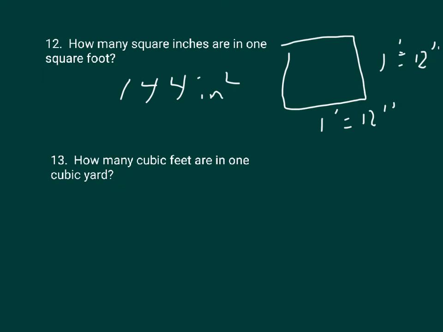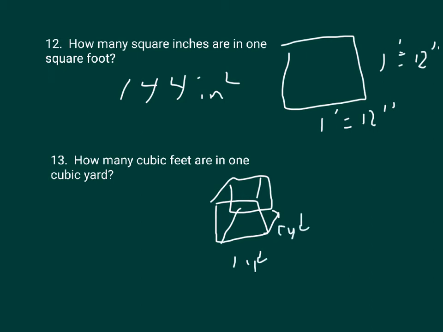How many cubic feet are in a cubic yard? Same thing. You probably know it's not 3. So if we have a cubic yard, you can kind of draw a little diagram that would look sort of like this. 3D shape. Bear with that. I know it's not really great. But this is a yard by a yard by 1 yard.